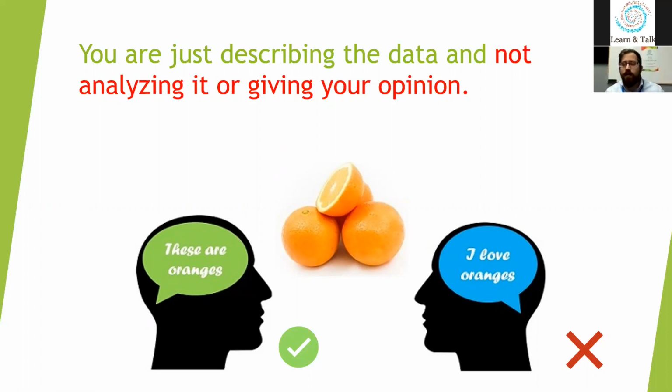There's no opinions given. And there should be no analysis either. So you're not saying why the graph is changing. You're just saying the graph has changed, or, this has increased, this has decreased. It went up, it went down. You don't say, I think, and you don't say, it went up because. No. Okay?